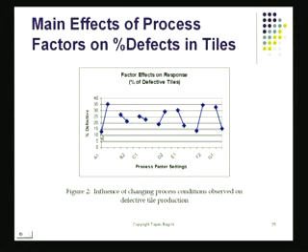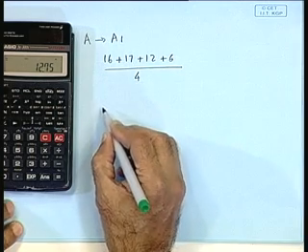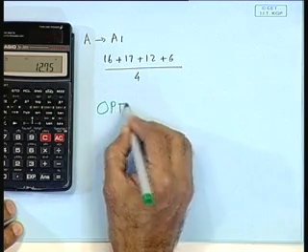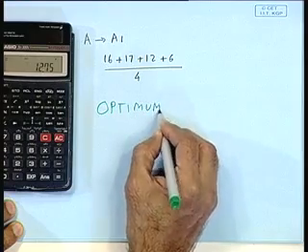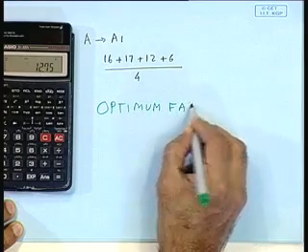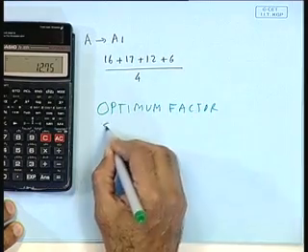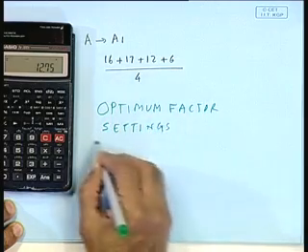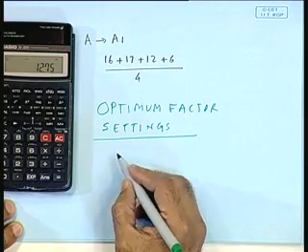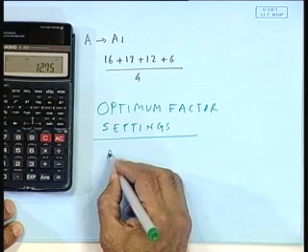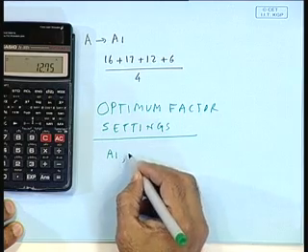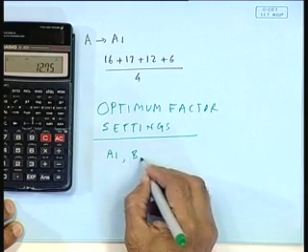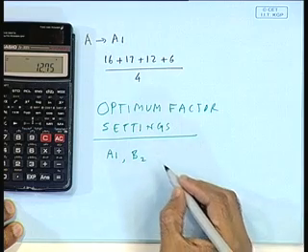So my optimum setting here is going to be, if I write down the optimum factor settings, for A it's going to be A1, then for B it's going to be B2, because that's going to give me a lower rate of defects.